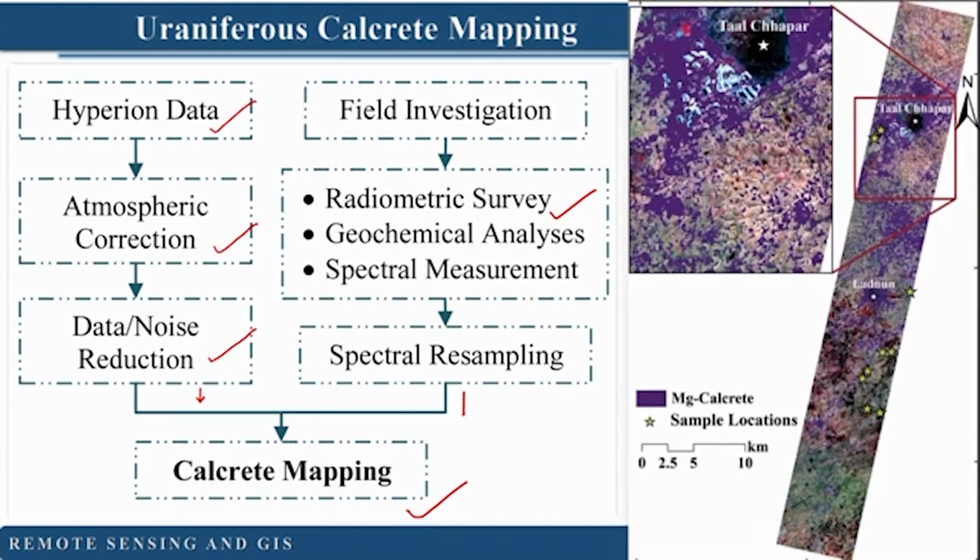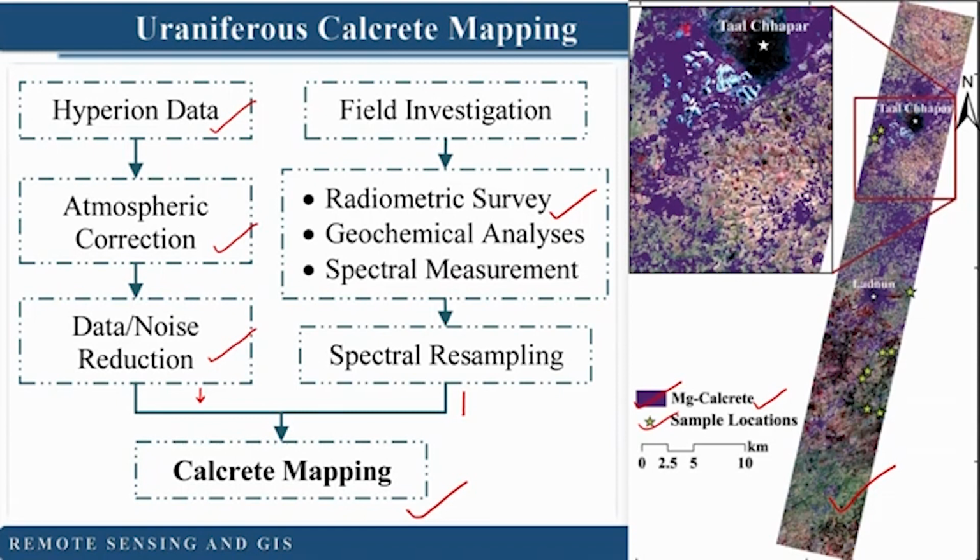So, you can see here that this is a Hyperion image, and this purple color is basically representing the Mg calcrete, and these were the sample locations which were analyzed. Here I just want to highlight that if you can identify the presence of very low concentration uranium in soil, then this technique can be used for any other application.